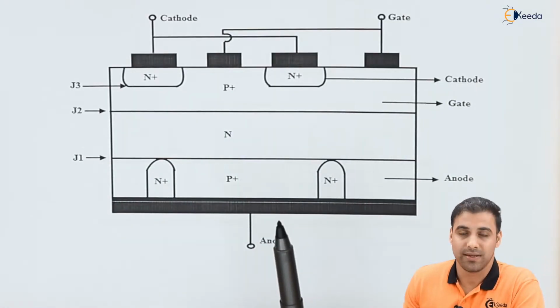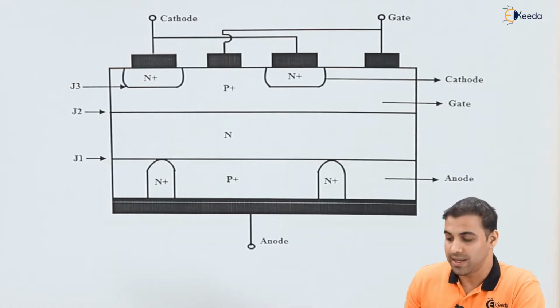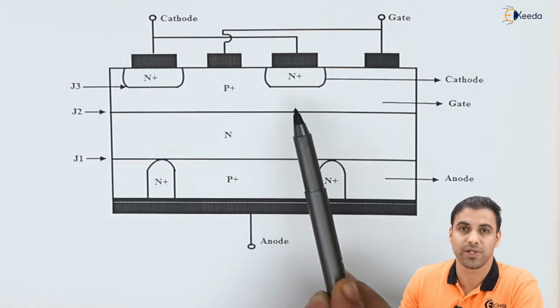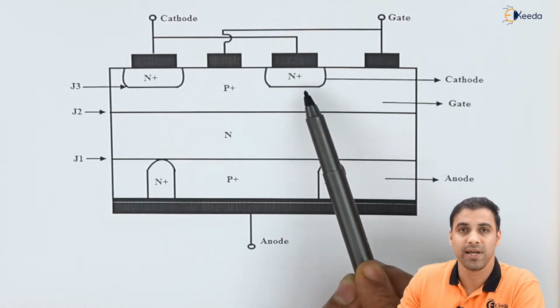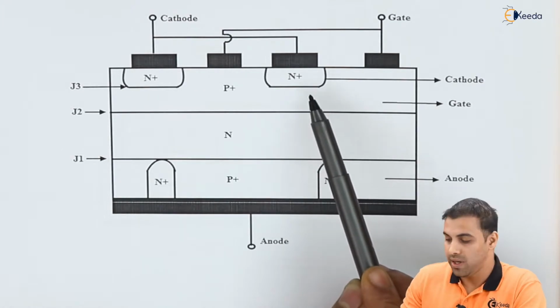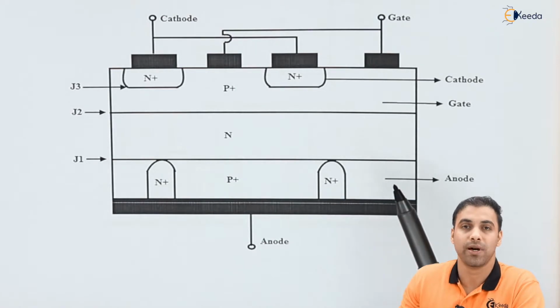So friends, the reason behind this is very simple. If we apply a negative gate triggering pulse, then the N channel is overdoped, or let's say it becomes N plus. N plus means the N channel is overdoped. Here I have the internal layer of the GTO.